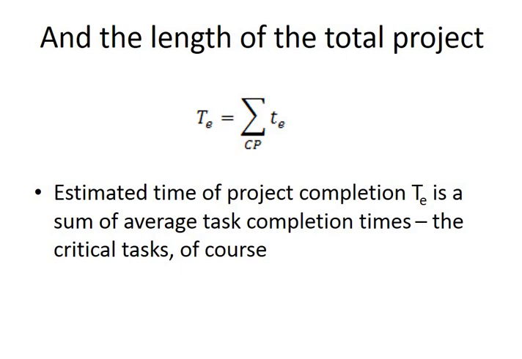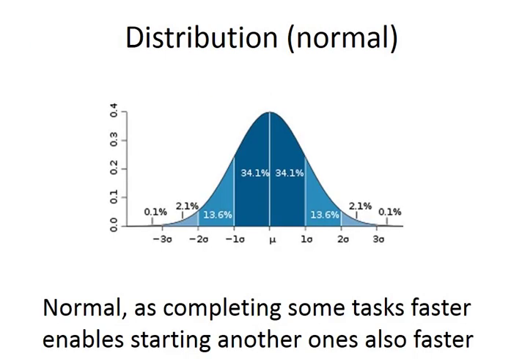In case of the total time, well, this is just the sum of our estimated time of all of the tasks that are included into a project, and this time the distribution looks like that. This is a normal distribution, and the thing is that in case of a particular task it wasn't normal, and here it is. Why is that?